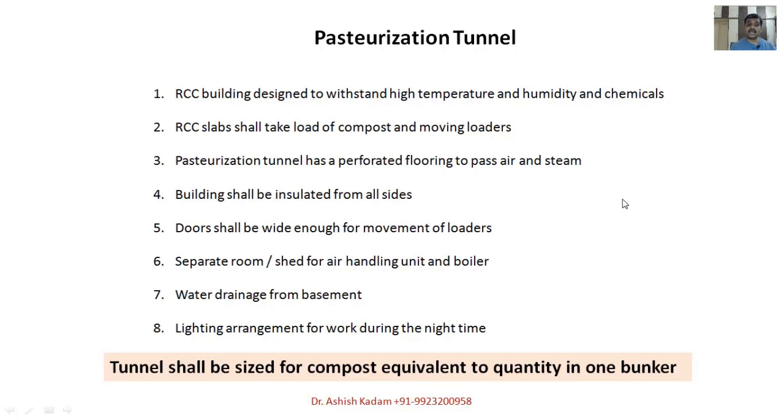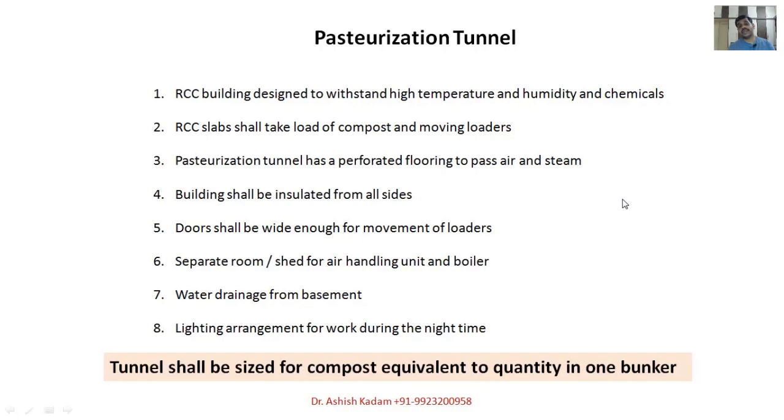Second, the RCC slab shall take the load of the compost and moving loaders. This is again an important point. Then the pasteurization tunnel should have perforated flooring so that air and steam can flow. Again I am repeating the same point, that the holes should be of proper size.